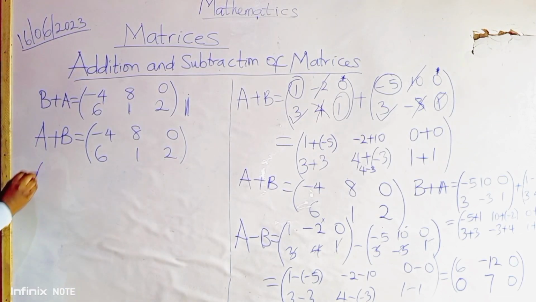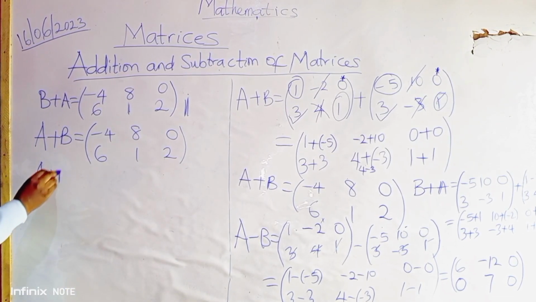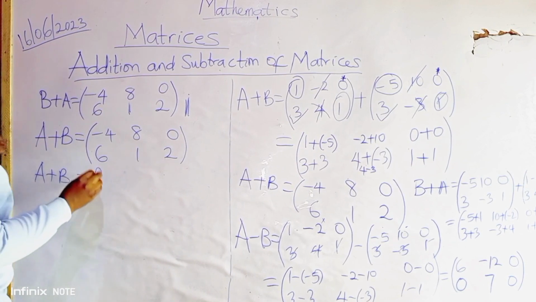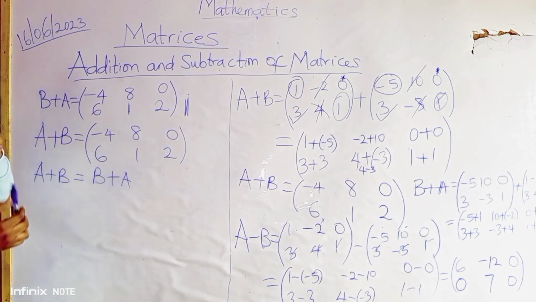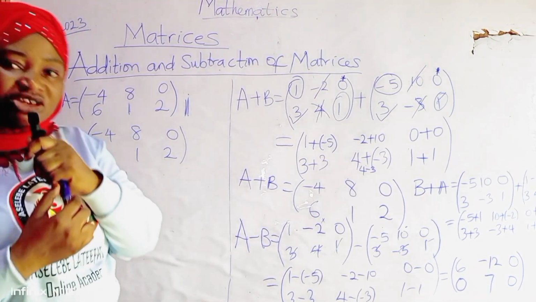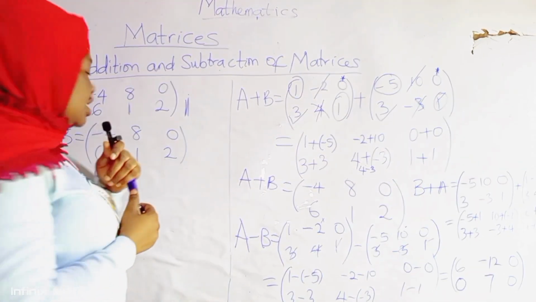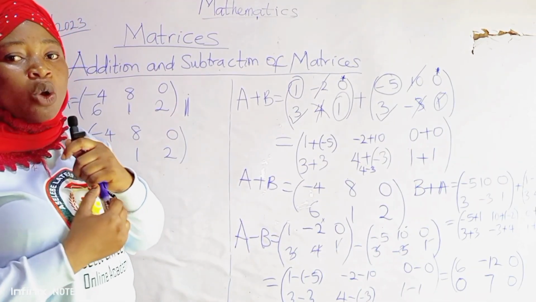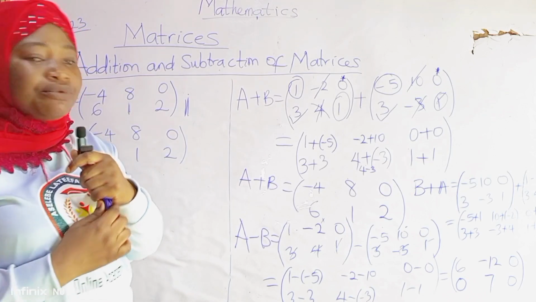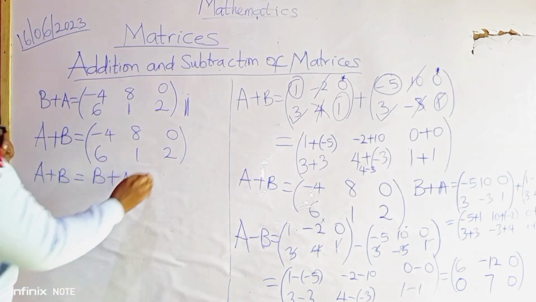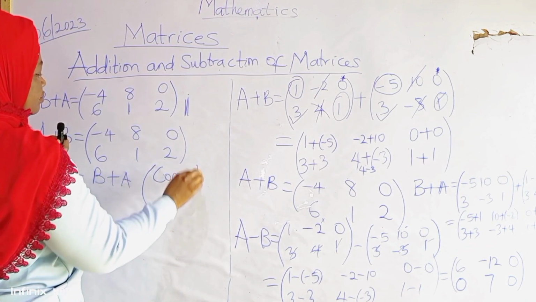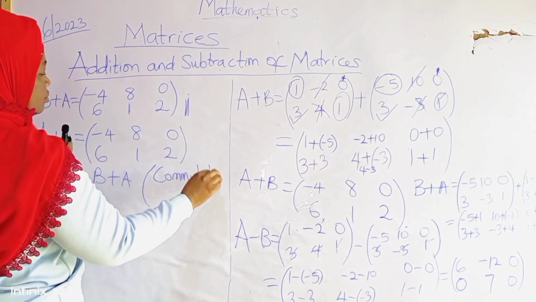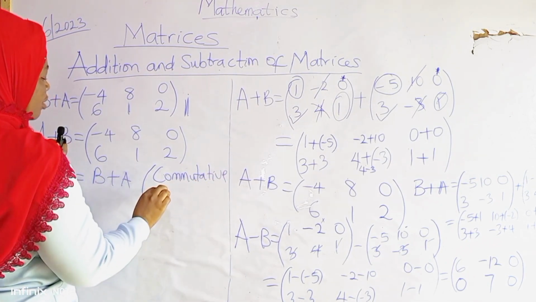You can say that A plus B is the same thing as B plus A. That means addition of matrices is commutative. So it obeys the commutative rule. This is the commutative property. What do you understand by commutative?